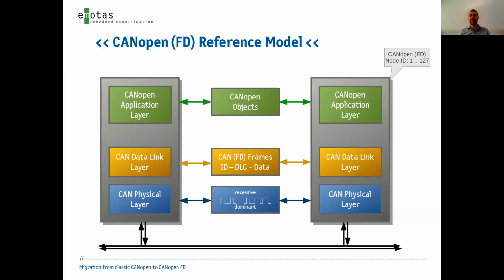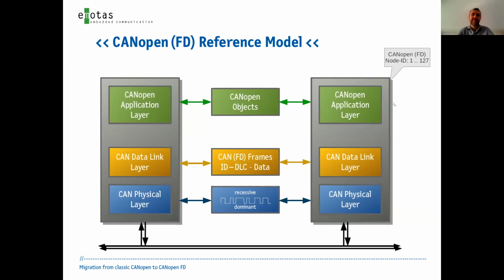A CANopen object can be a single byte or multiple bytes, a parameter or a signal which has 4 bytes, or a longer string, maybe 20 bytes, or even a firmware which has, for example, 0.5 megabyte or 2 megabytes. And this is, from the application point of view, just a single CANopen object which is sent from one application to another one.